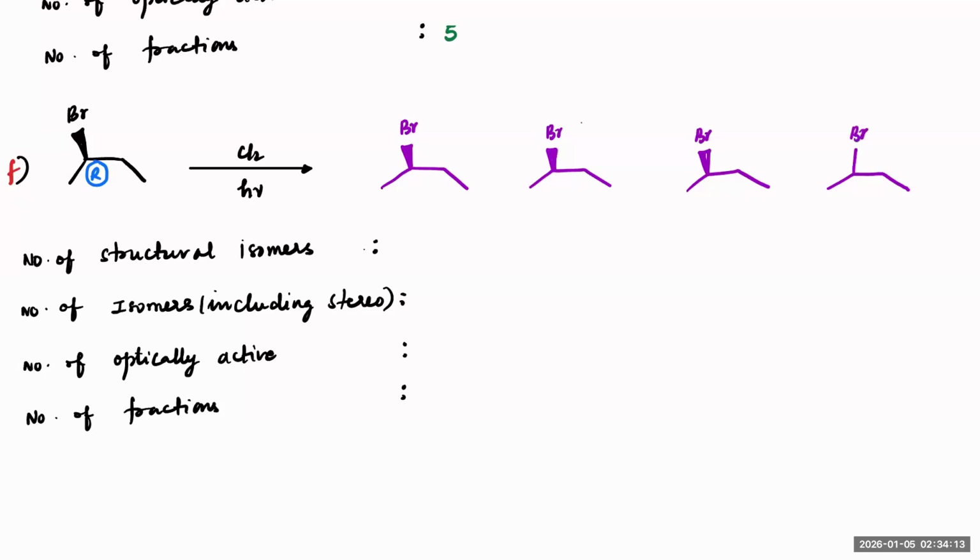So which means first one is chlorine here, second one is chlorine here, third one is chlorine here. Only when the chlorine comes at that chiral position, that is when you will have the chirality lost. Otherwise, the chirality will not be lost in all the cases.